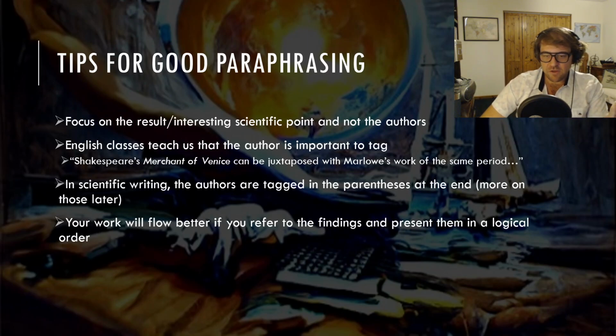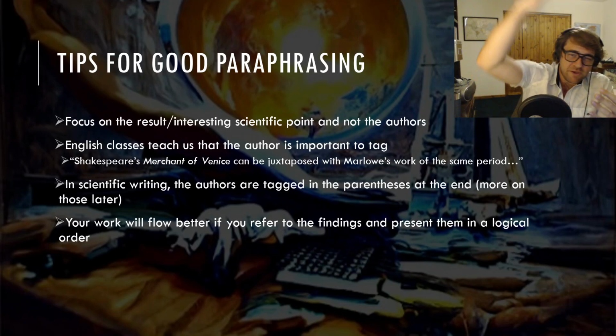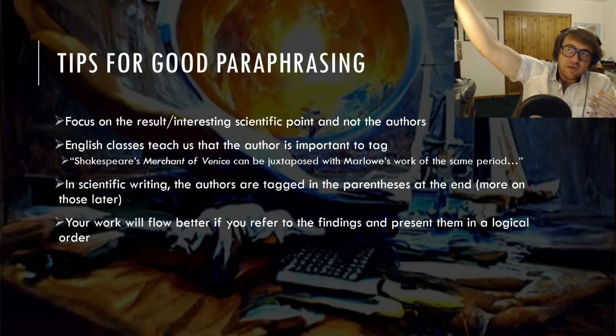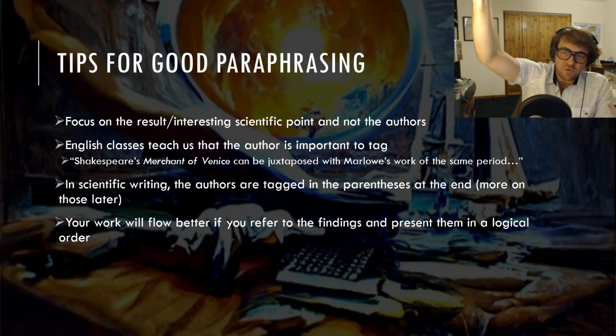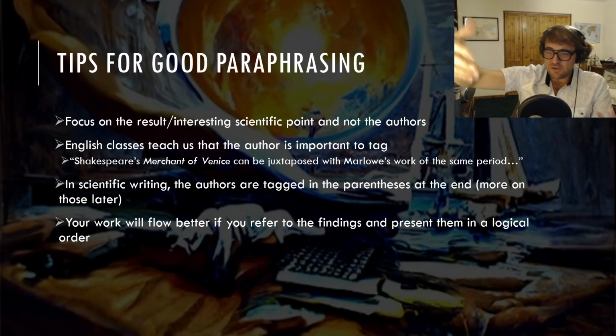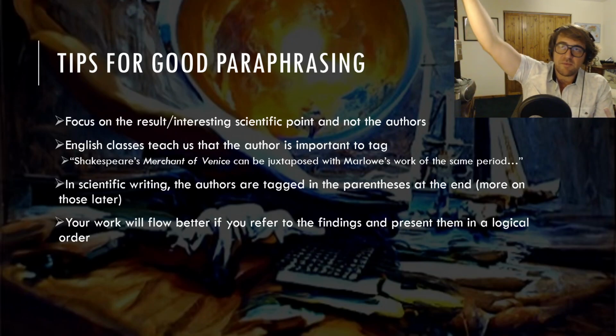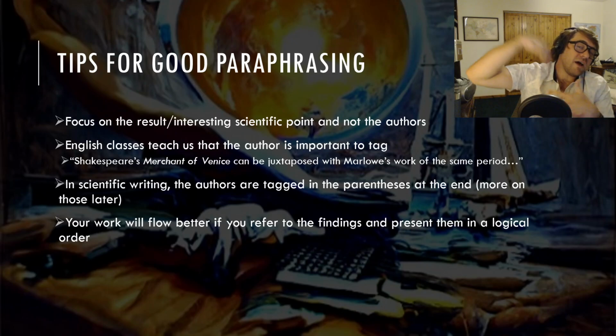Your work will flow better also if you just refer to the findings and present them in a logical order. Usually it's a chronological order. You want to go through the history of how the research in this disorder has progressed. So if you're doing fluency disorders, you'll want to talk about how at first it's thought to be an anxiety thing, and then people realize it actually is not an anxiety disorder.